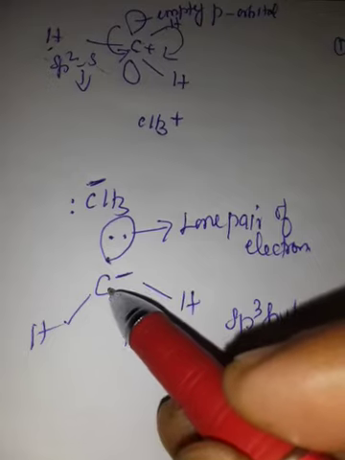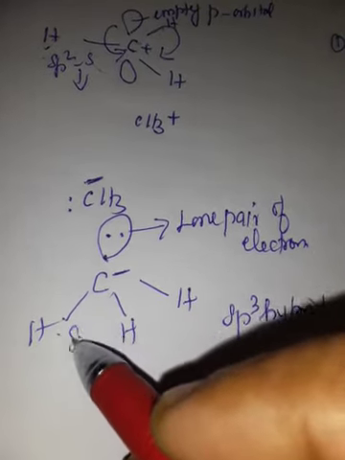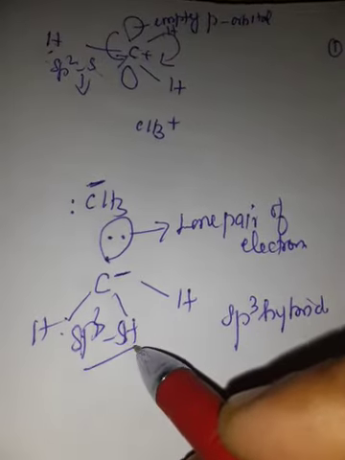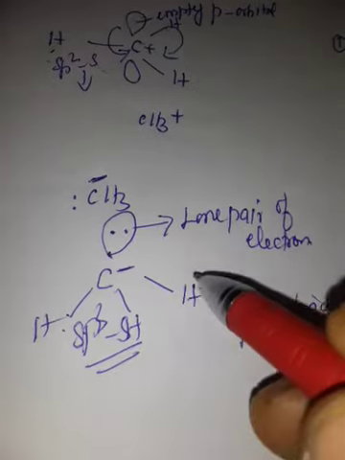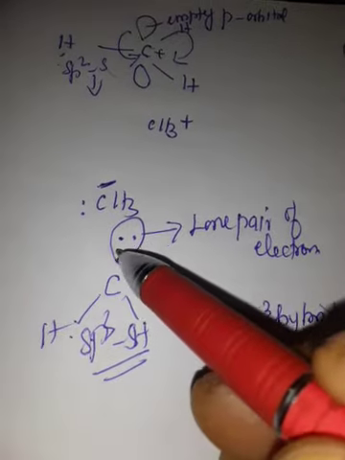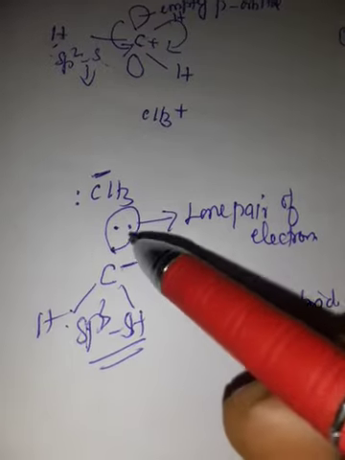So carbon is sp3 hybridized, hydrogen is s. So sp3 s overlap is possible here. It takes the shape of a pyramid, and the lone pair occupies one of the sp3 hybrid orbitals of carbon.